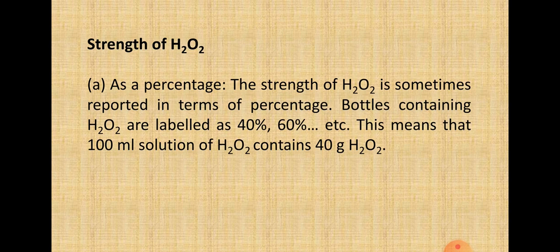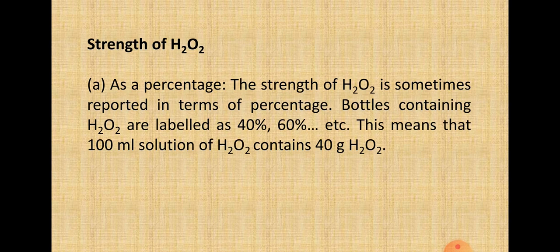Many times you will find that the strength of hydrogen peroxide is mentioned as 20%, 40%, 60%. What does it mean? The strength of hydrogen peroxide is sometimes reported in terms of percentage.